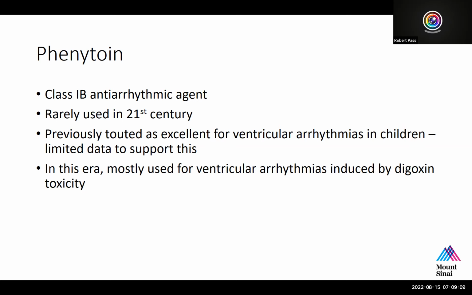And in the present era, it's almost never used. Maybe the only indication for it for ventricular arrhythmias would be for patients who have digoxin toxicity. It's considered a pretty good antidote, or at least it's good at treating the ventricular arrhythmias associated with dig, although probably lidocaine or Mexiletine are equally good for that.